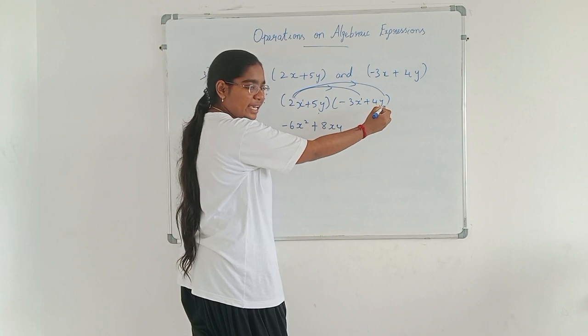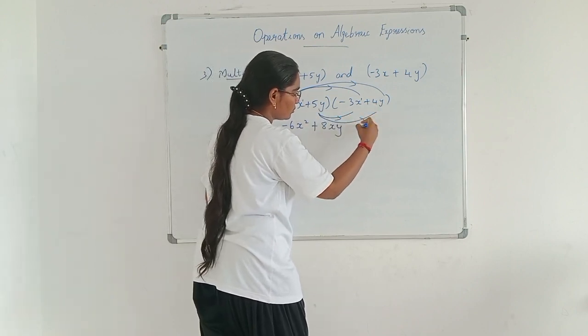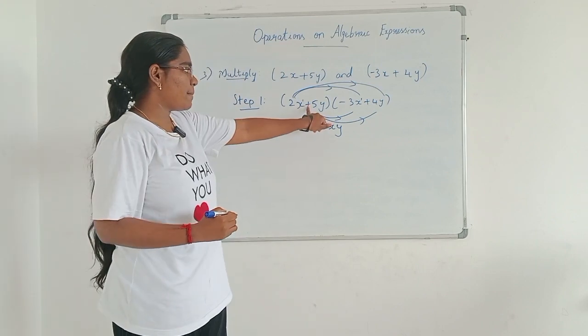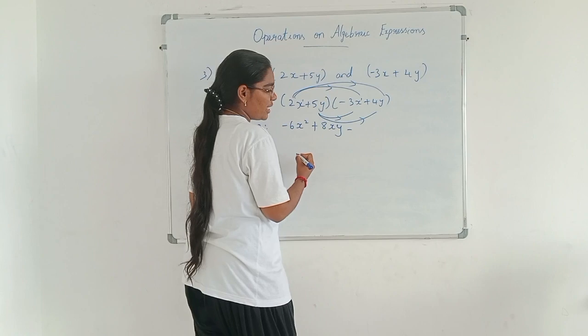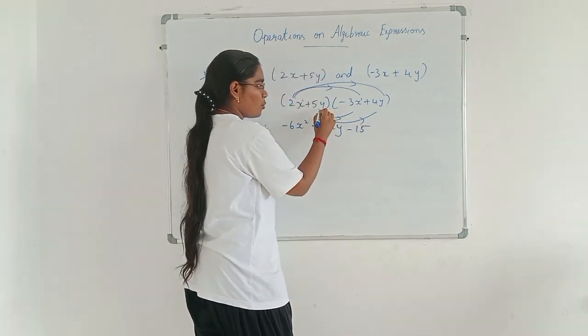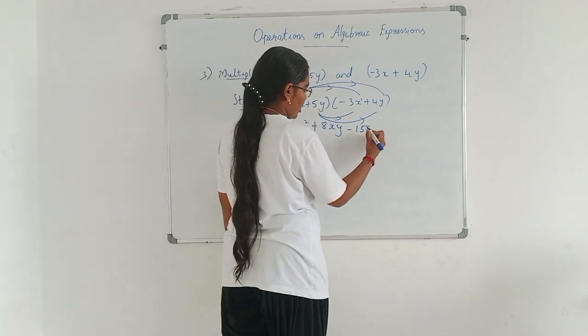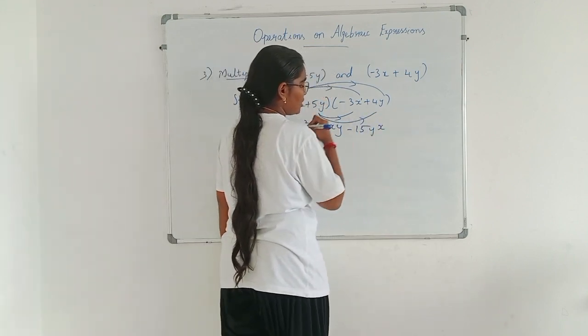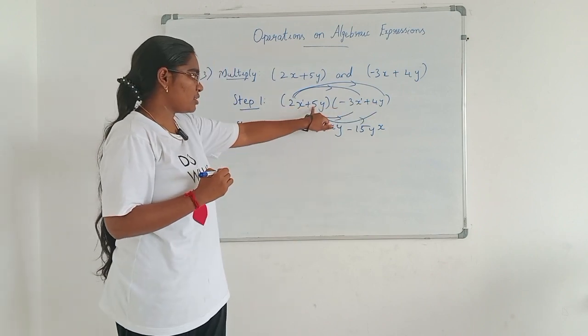Next, multiply this term with each of these terms. So here plus into minus, minus 5 into 3, 15, yx. The variable is different. So write in product form, yx. Okay.